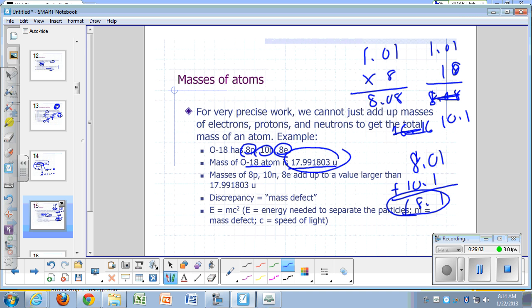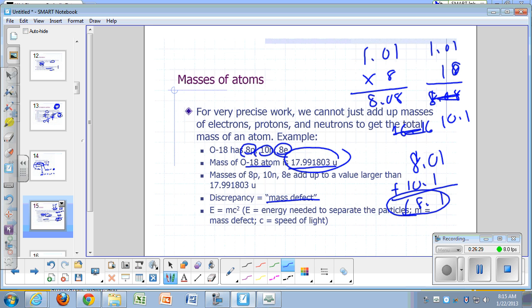So this discrepancy is what's called the mass defect, okay? And Einstein gives us the relationship between this mass defect and the energy that you need to separate the particles. So in other words, by putting all of these things together, you get a stable atom, and in that process, for that atom to become stable, all of these particles must lose energy.